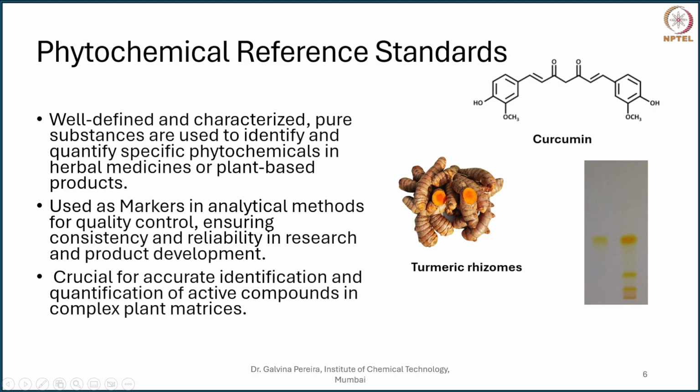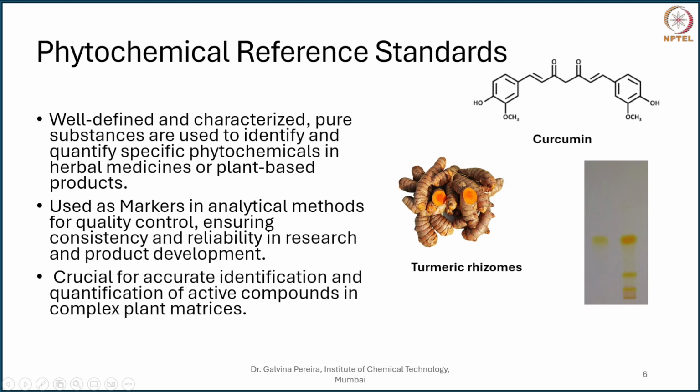During monsoon, if the curcumin content is 5% and during the summer it is 8%, I have to change my dose to bring the same curcumin content. That's why phytochemical reference standards are important, and most herbal materials as well as herbal medicinal products in the market are generally standardized by phytochemical reference standards.